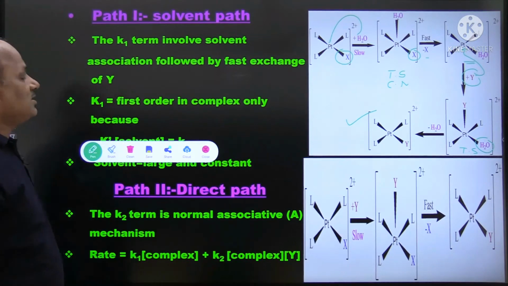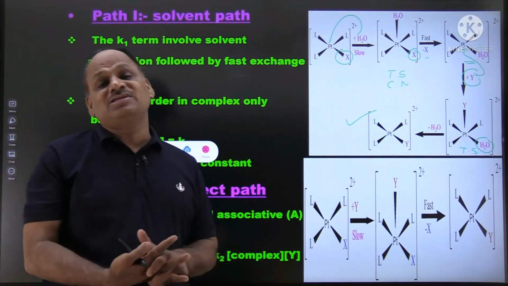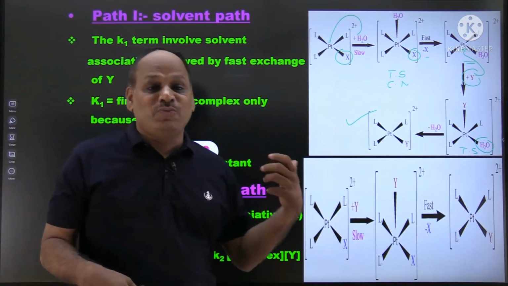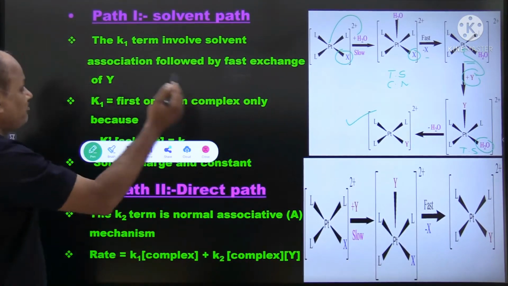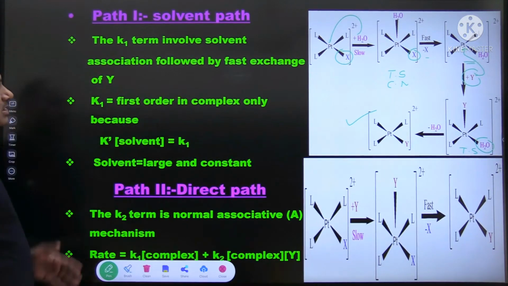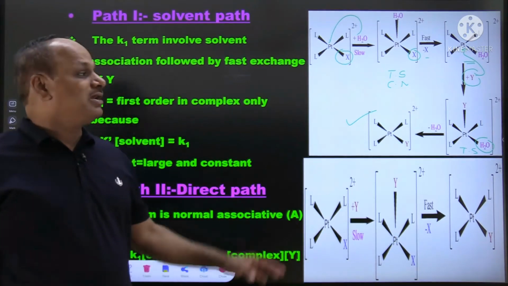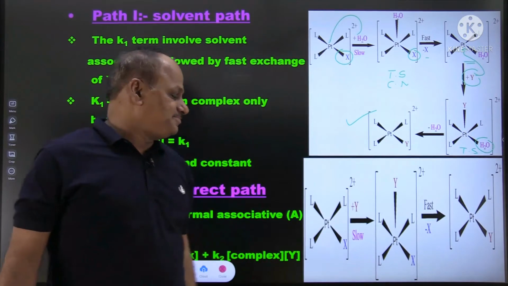The concentration of the solvent is very high, so its change is very small and is taken as a constant. In this path the rate is independent of the change in solvent concentration, and the rate depends only upon the concentration of the substrate.